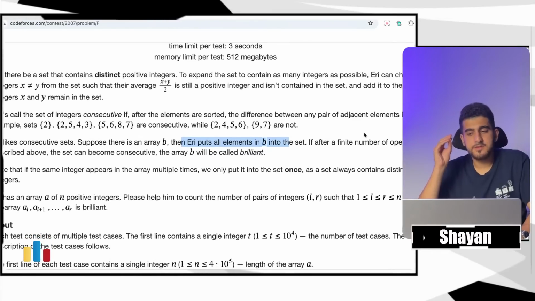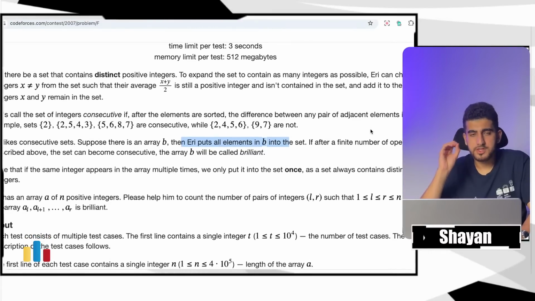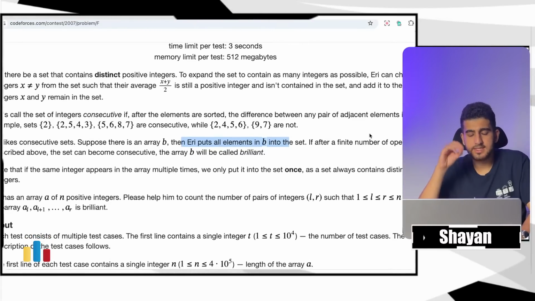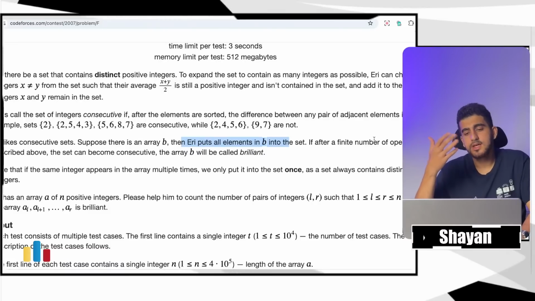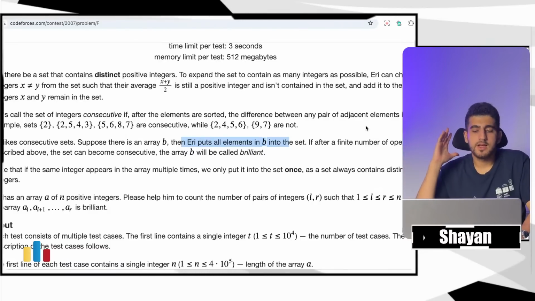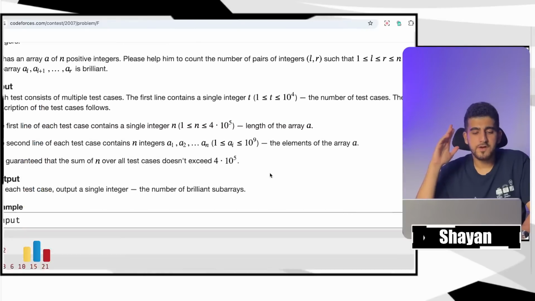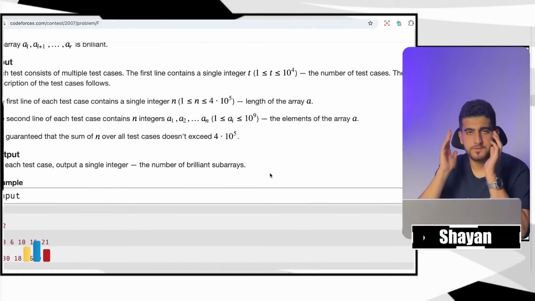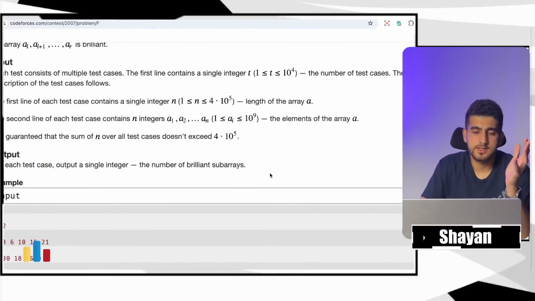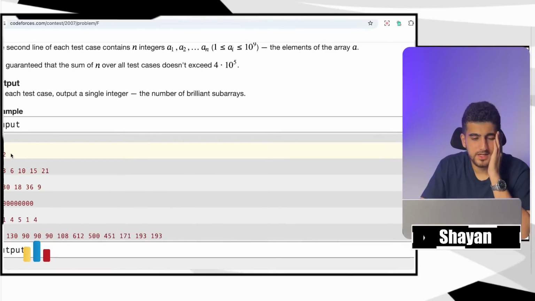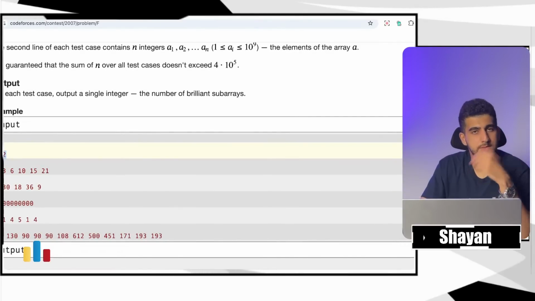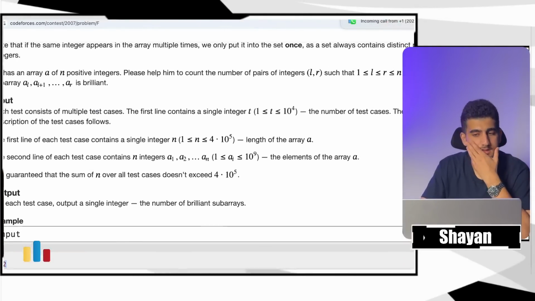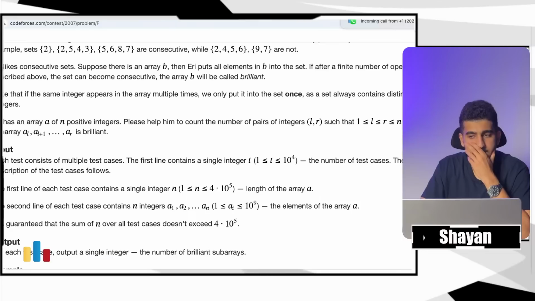If after a finite number of the operations described above the set can become consecutive, the array B will be called brilliant. You have to find the number of subarrays of your array that are brilliant. If some element occurs more than once, it is counted only once in that subarray.